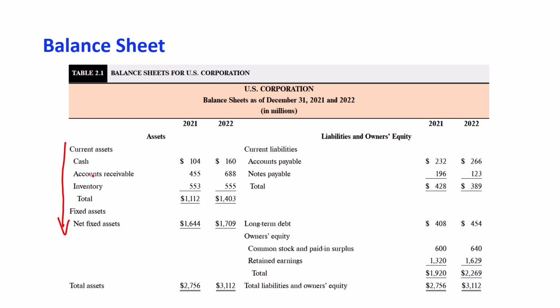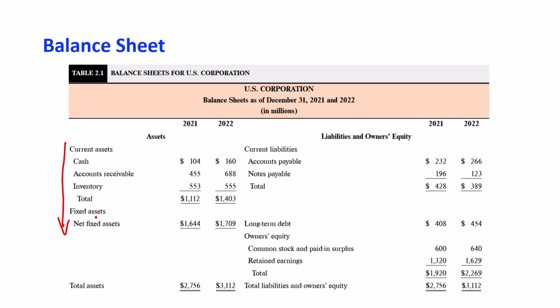So these can be turned into cash fairly fast, and then the rest of them are going to be less liquid as you go down. For example, fixed assets. A factory is not very liquid. So when you go down on the asset side of the balance sheet, the assets become less and less liquid.